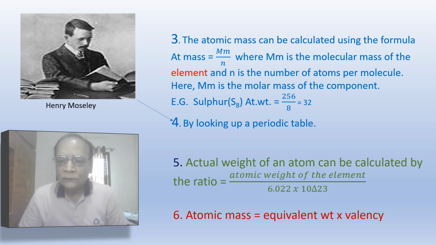Remember, atomic weight is nothing but atomic mass expressed in grams. The numerical values are the same. For atomic mass, we use the unit amu, or u. For atomic weight, the same numerical value has a unit of gram.